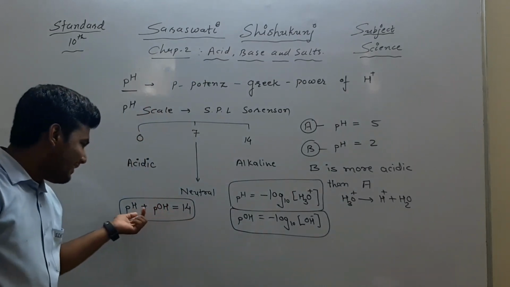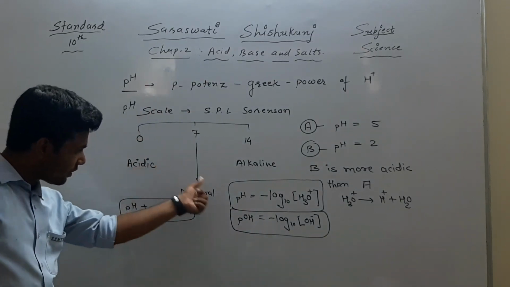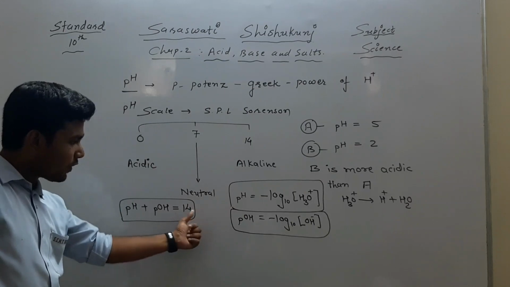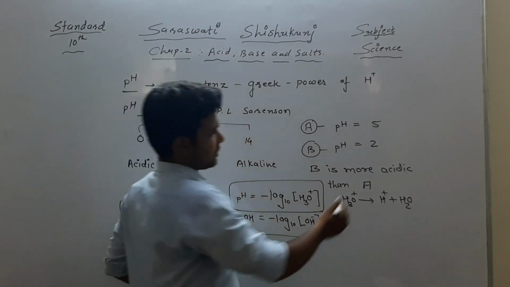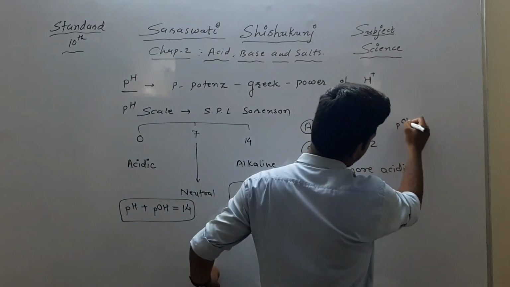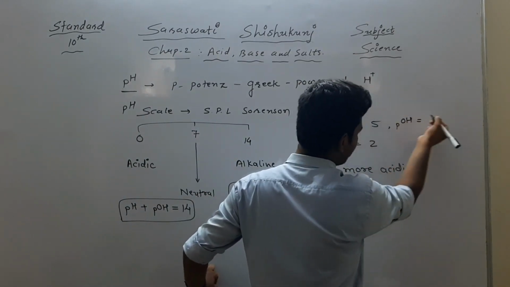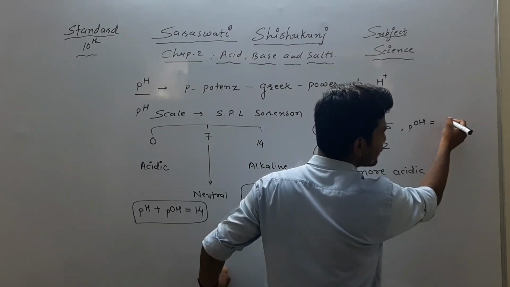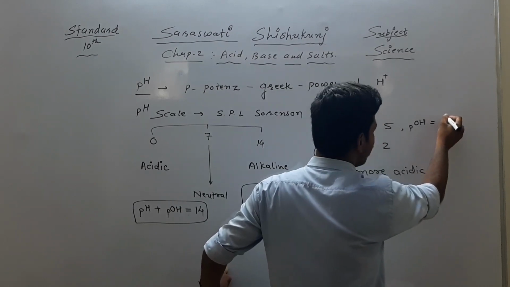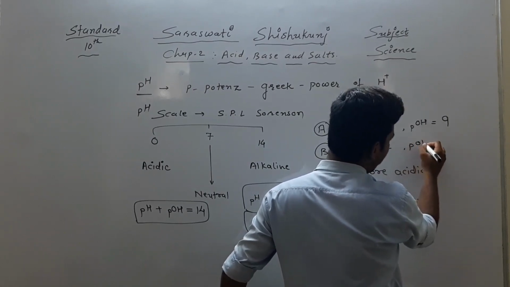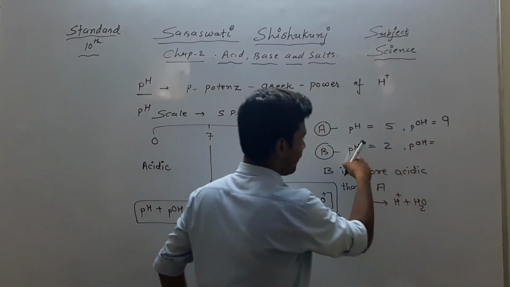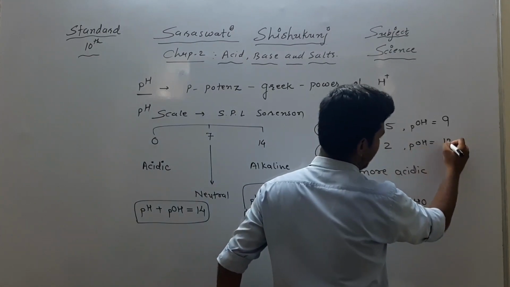If here it is 5, 5 will go to the right side, so 14 minus 5 gives you the value of pOH. Here the value of pOH for the given solution will be how much? Speak it loudly. Yes, it will be 9. And for solution B, if pH is 2, pOH will be 12.